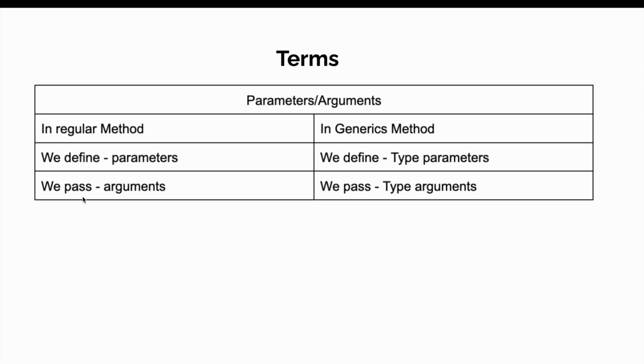Whenever you call a method, you pass an argument. With generics we have a very similar approach. Whenever we define a generic method, you have a type parameter. And when we call this method, then we pass a type argument.